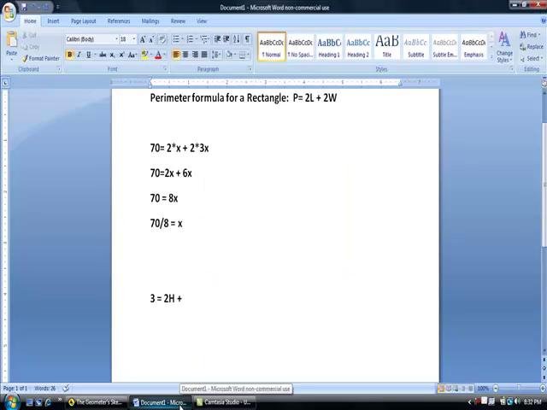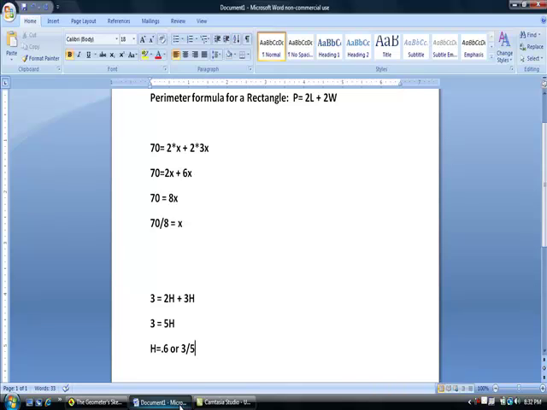So 2 times 1.5h is 3h. So just like up there, we're going to simplify the right side. We get 3 equals 5h. Divide both sides by 5, and you get h to be 0.6 or 3/5.